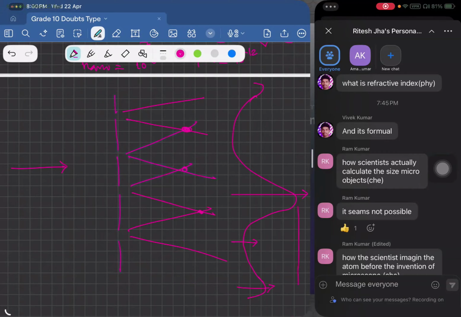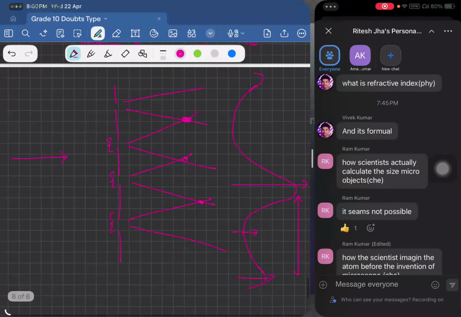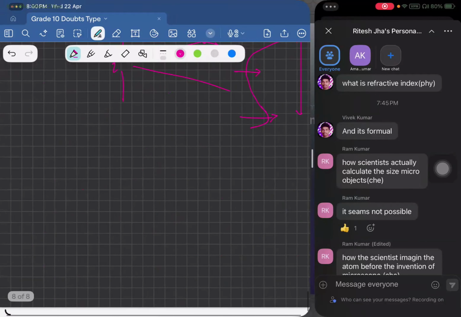Now these dimensions can be easily calculated, and based on that, you determine the size of the slit through which these lights were passing. Let me give you a simple idea.